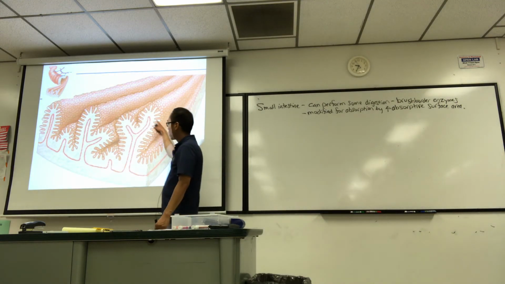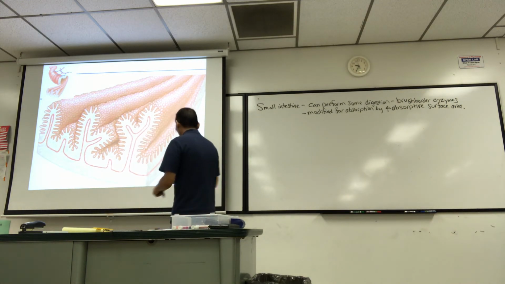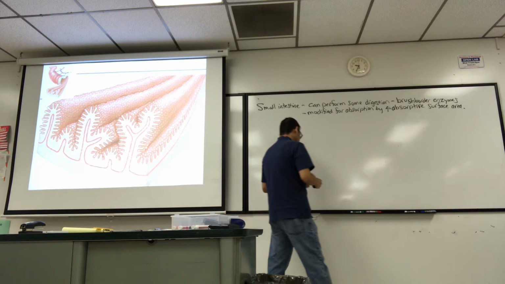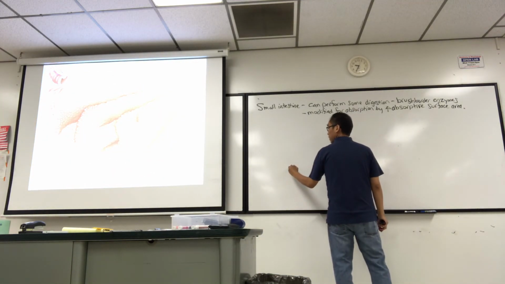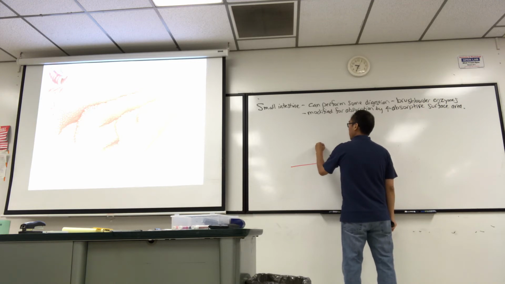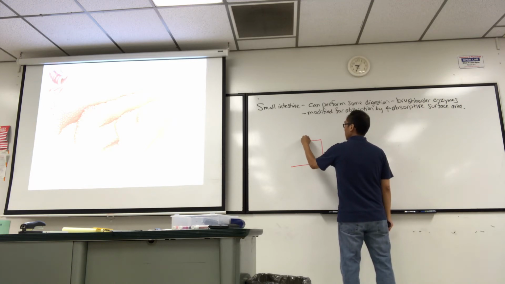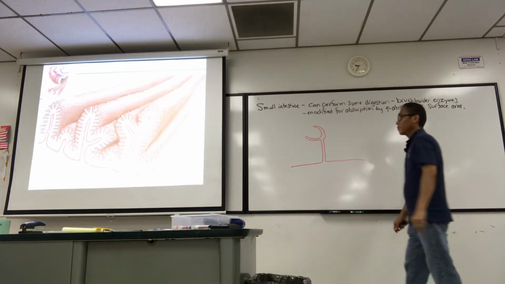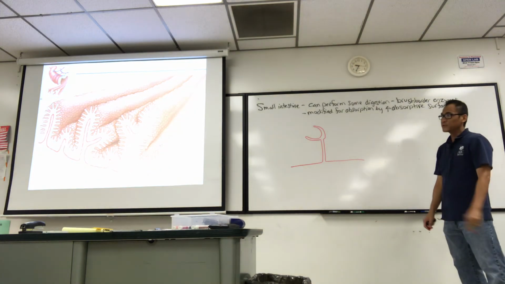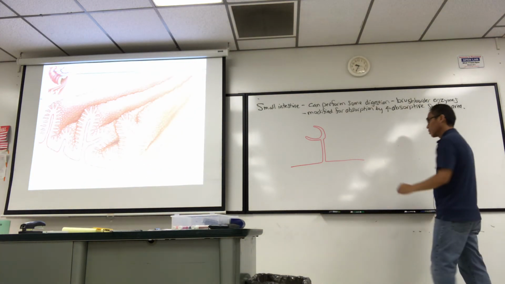Let's focus on this right there. So you can see how the folding occurs. See that shape there? That's supposed to represent the muscularis mucosa.